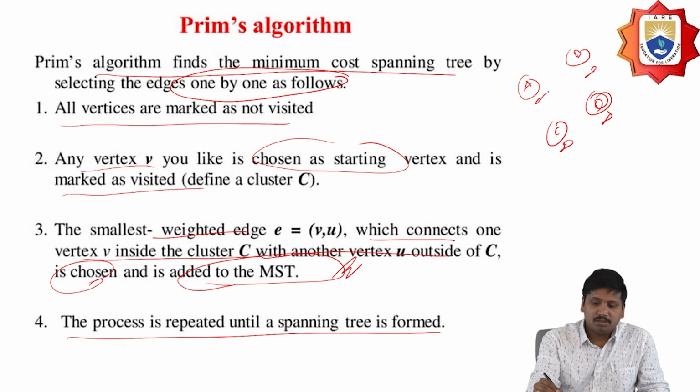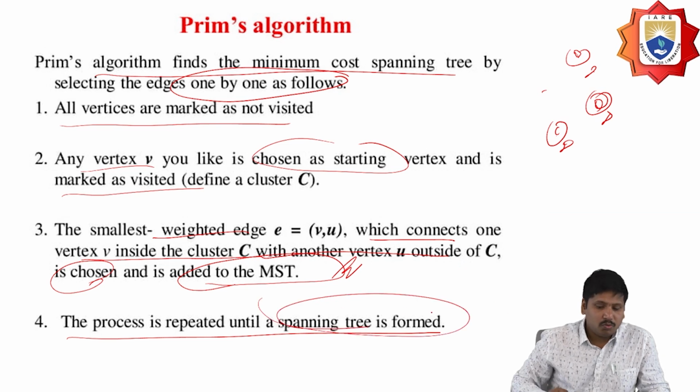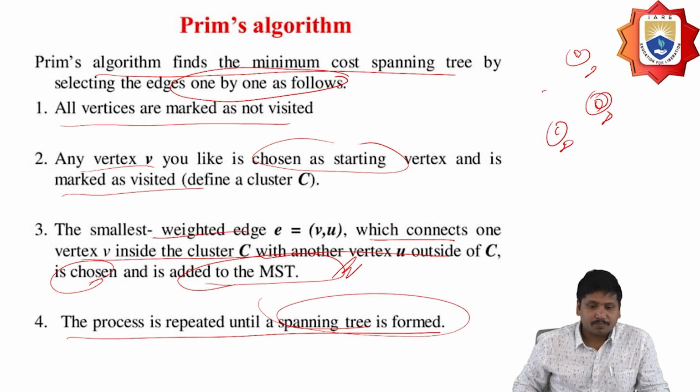Then a vertex is chosen and marked as visited. The smallest edge weight which connects one vertex inside the cluster to another vertex outside is chosen and added. This process is repeated until the spanning tree is formed.